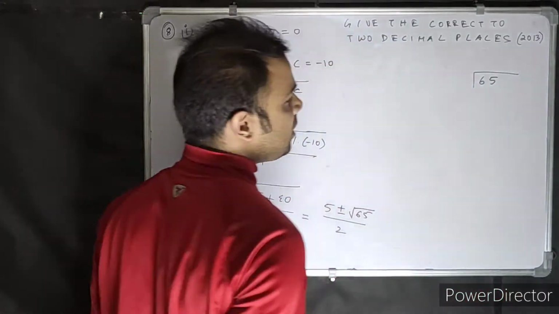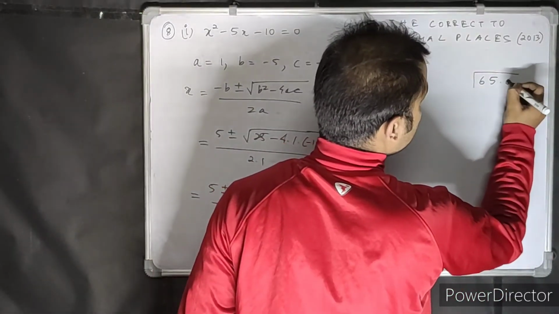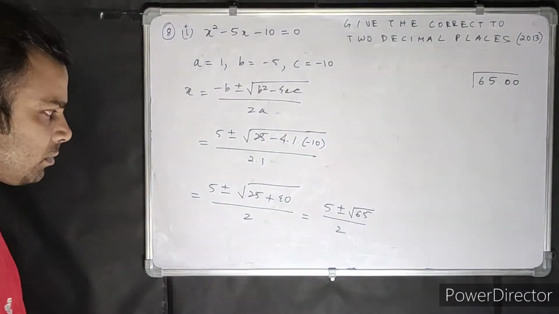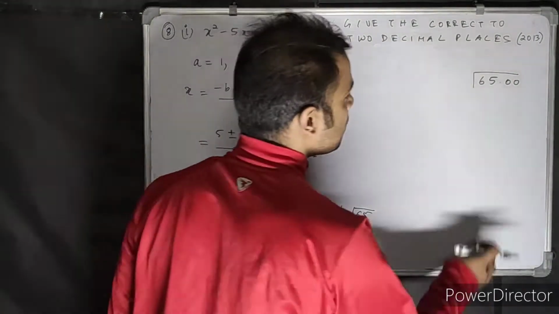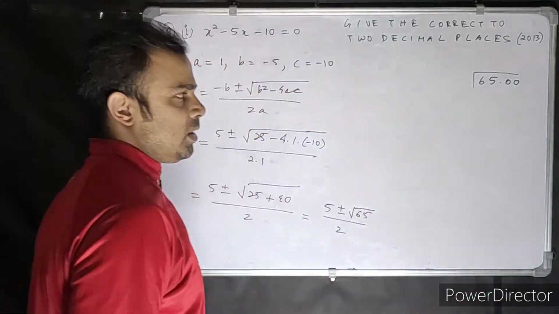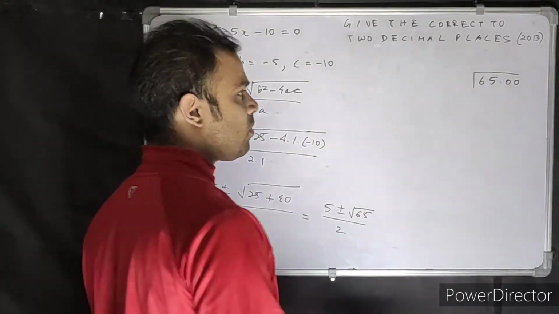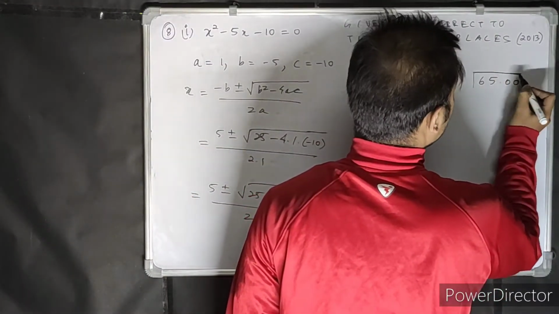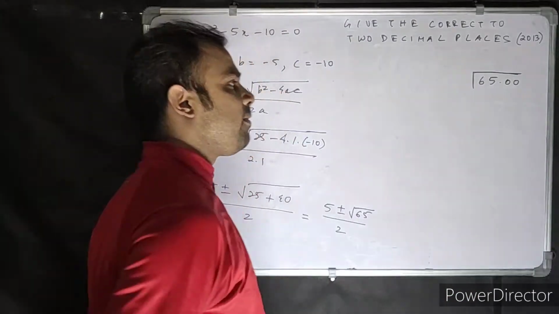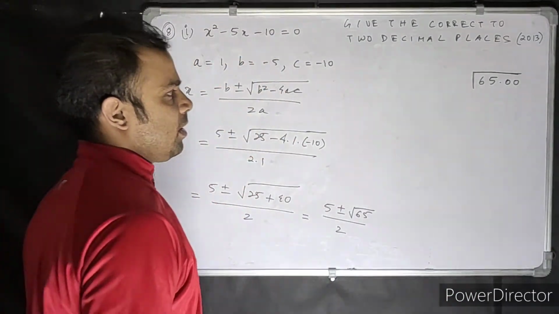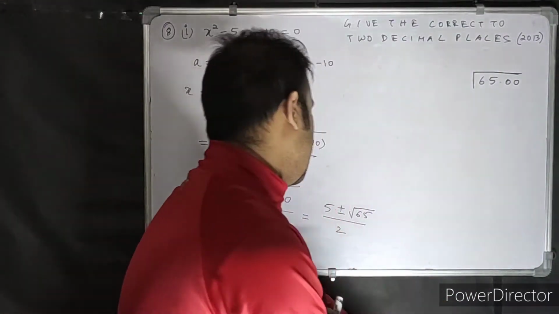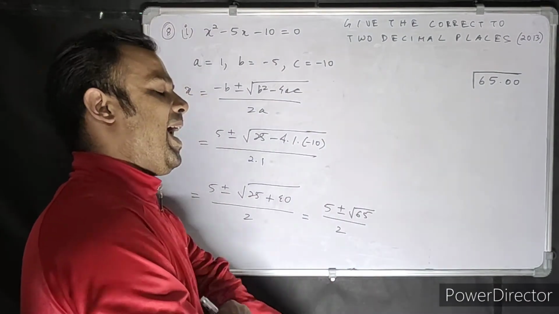You have 65, put a point, put 2 zeros. Now you take 2 digits at a time. This is the root over division. How to find the value of root 65? Now you have to take two numbers at a time.